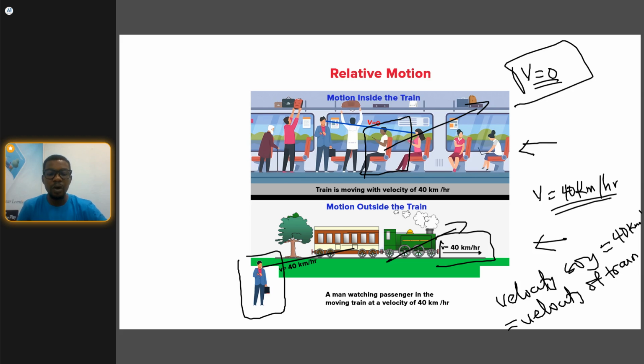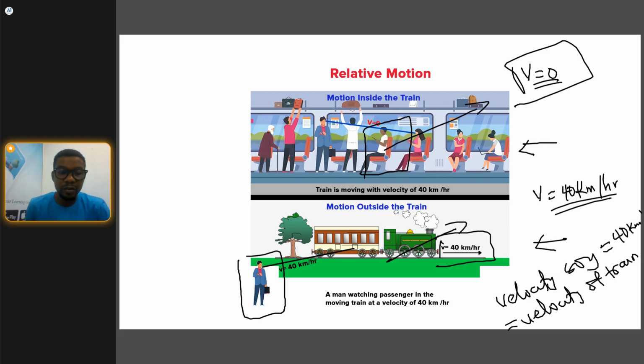So the velocity of the boy equals the velocity of the train. So that's the first fact we have to know about relative velocity or relative motion. I believe we are together. If that is clear to us, please let's signify.